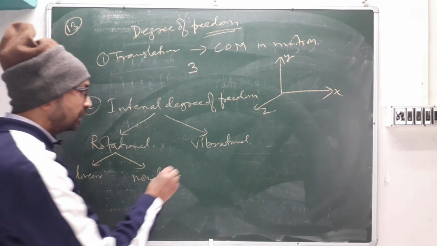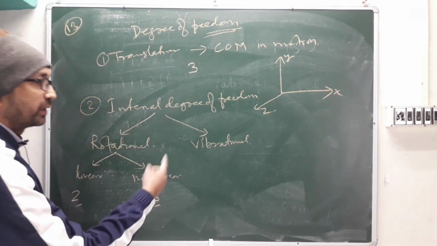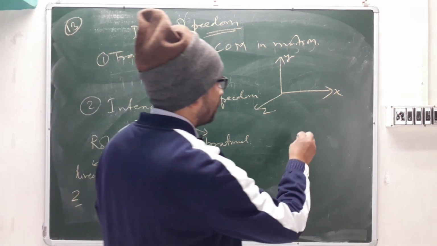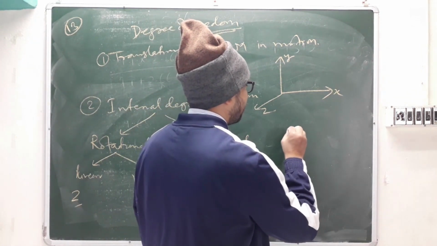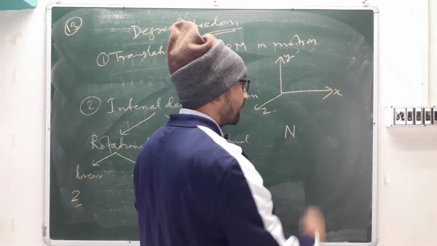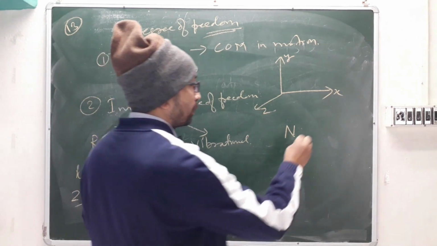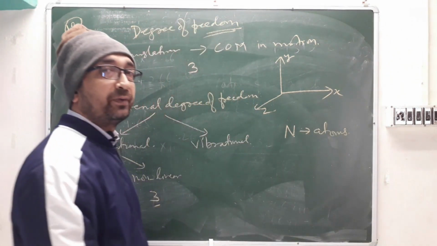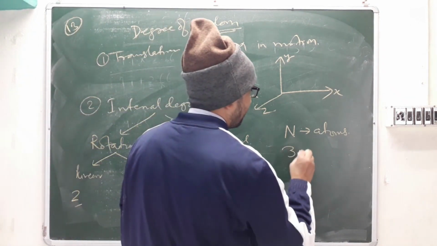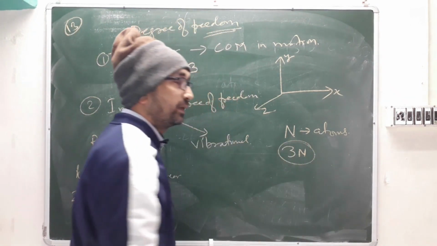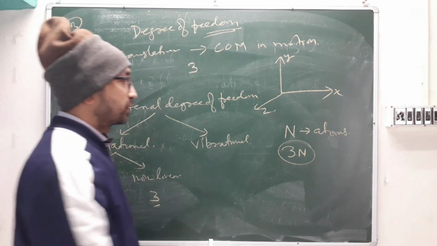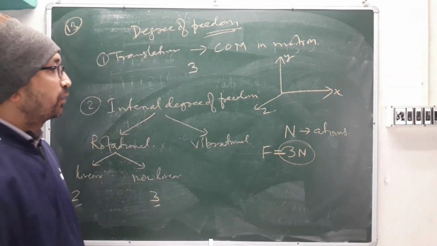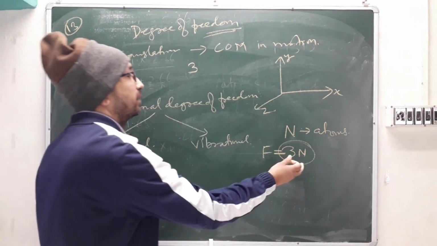Now in the vibrational level, how are we calculating how many vibrational degrees will be left over? For a particular molecule, suppose it has n number of atoms, what will be the degree of freedom? It will always be 3n. This is the total degree of freedom, 3n, correct?